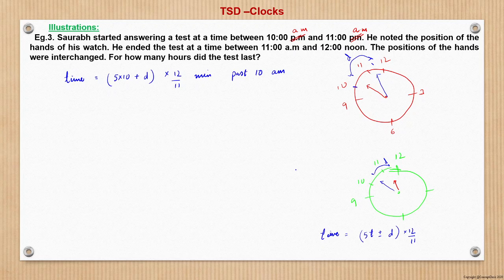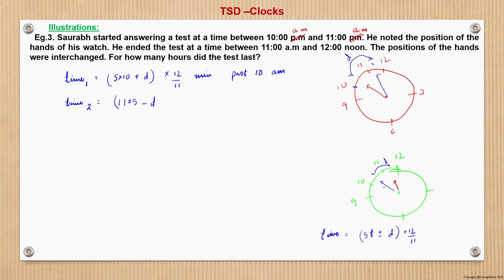Now in the second case, this is the time in the first case, the time when the test is ending. At that time it will be what? Now t, that is our hour hand, is 11. So 11 into 5, minus d.